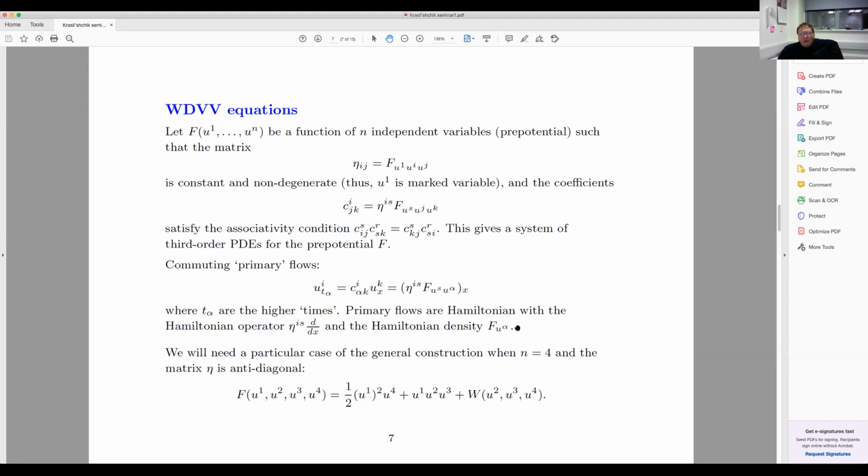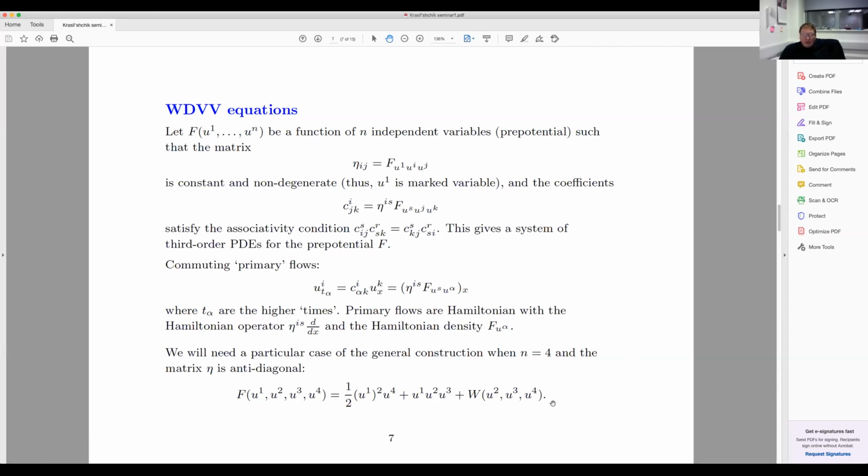I will not need the general case of this construction. I will only need a special case when the number of variables equals 4, and the matrix eta is a 4x4 anti-diagonal matrix with ones on the anti-diagonal. This corresponds to a prepotential of this explicit form.